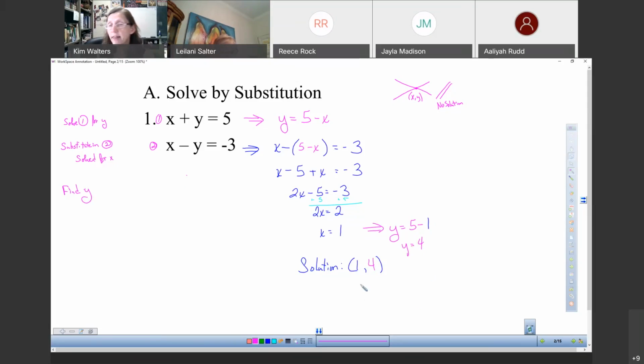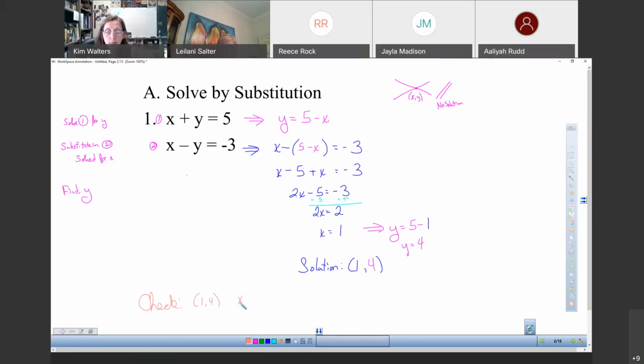Here is the lovely thing about systems of equations. You can check it, and that's amazing. So to check it, I'm going to come down here because I always want you to be really careful and realize this is not part of my answer. This is checking it. I used the first equation to get this, so it should work. Now I'm going to check this in the second equation.